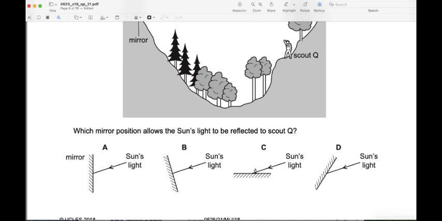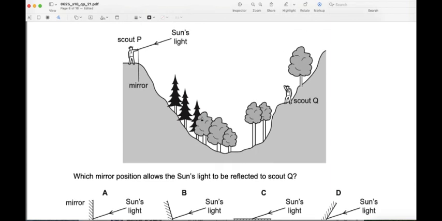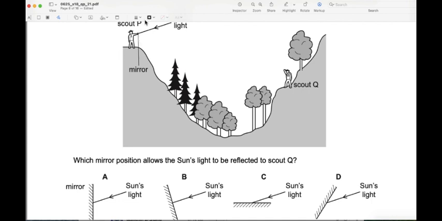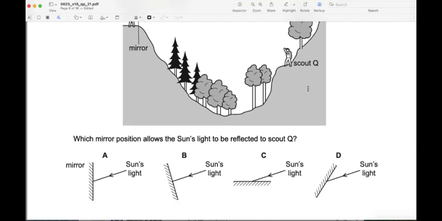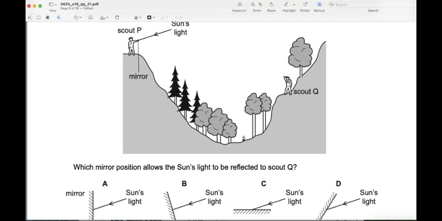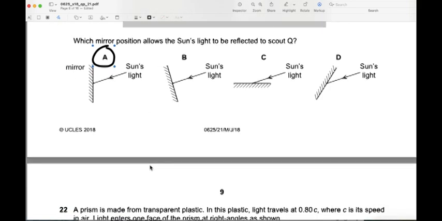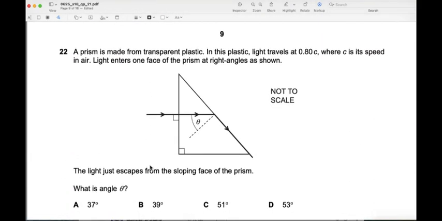And if you make the position of the mirror to be like D, the light will come down this way. The light will not go to Scout Q. So the best way to receive the light at Q is A. Positioning the mirror as it is in A, Scout Q will get the light.